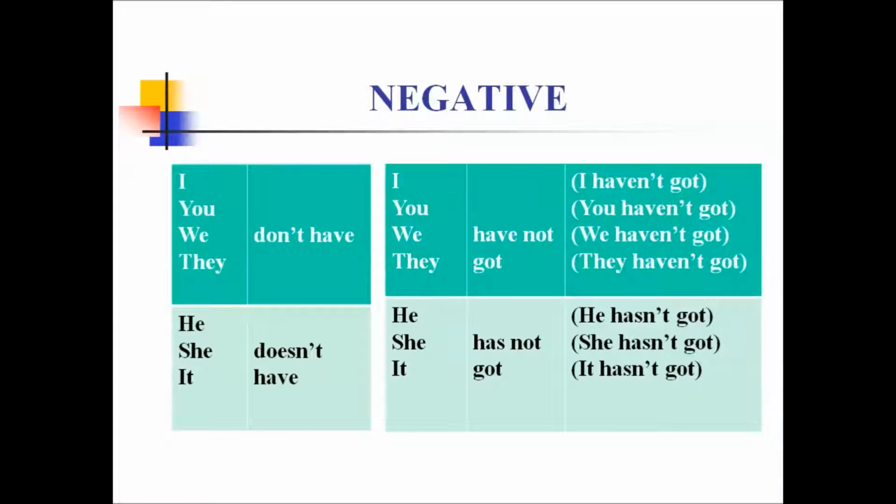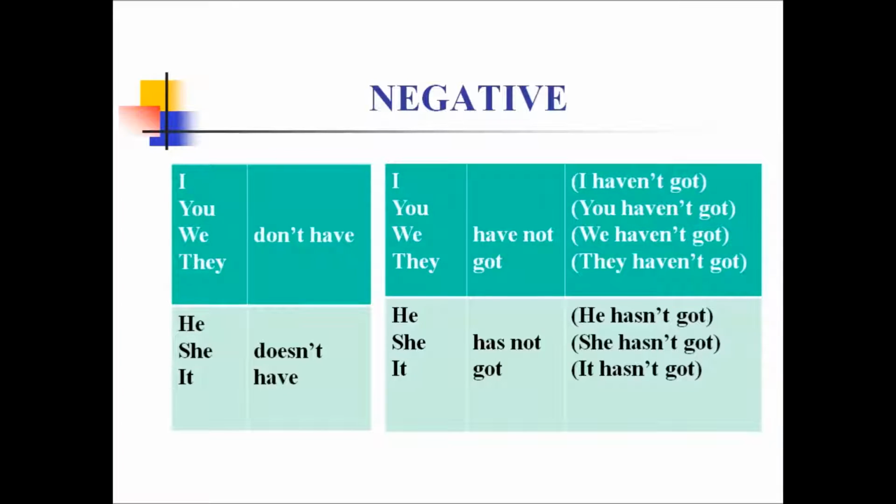For example, I, you, we, they, we use don't for making the negative form. For example, I don't have a book, you don't have a book, they don't have a book, or we don't have a book. But you cannot say I doesn't. For the word doesn't, you can only use it with the third person singular. For example, he, she, it doesn't have.